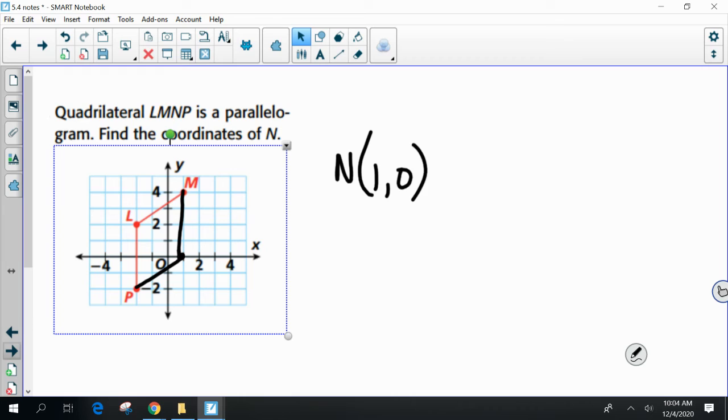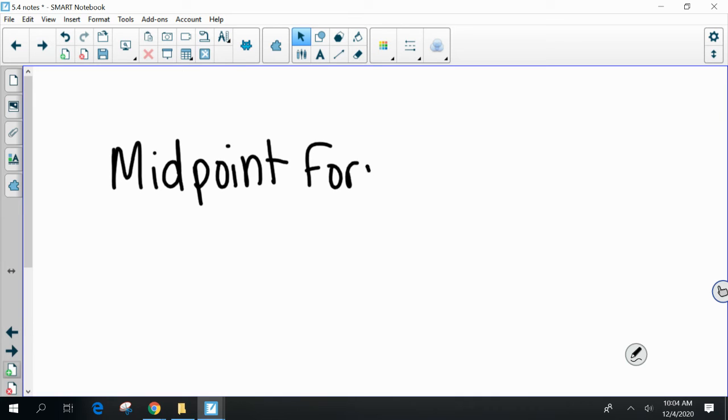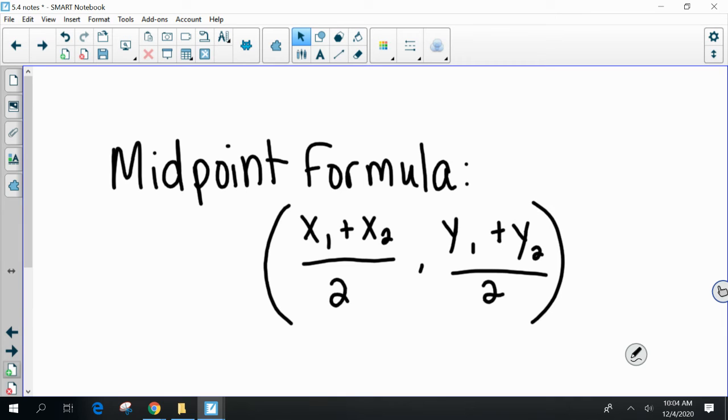Okay, so you guys have a little space under this problem where it says midpoint formula. So I want you guys to write this formula in there. So the formula is x1 plus x2 divided by 2, comma, y1 plus y2 divided by 2.